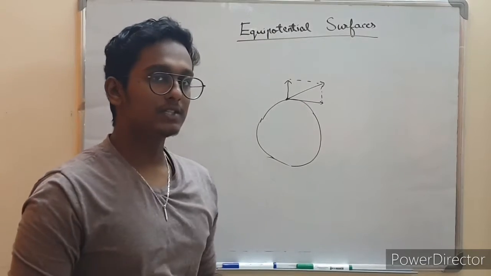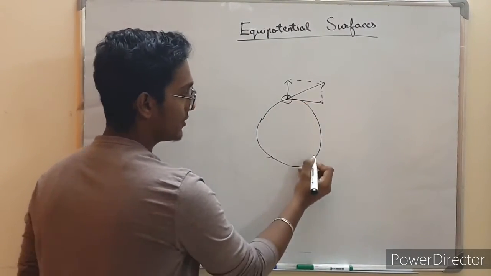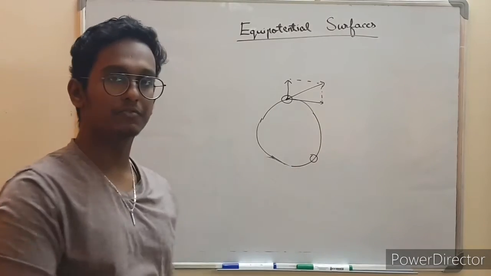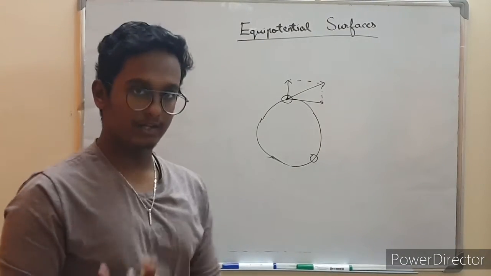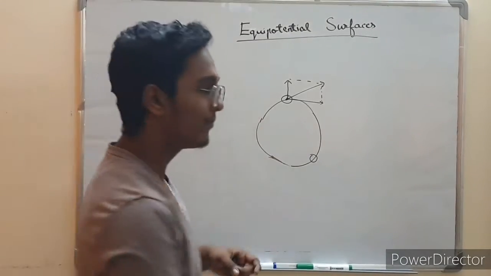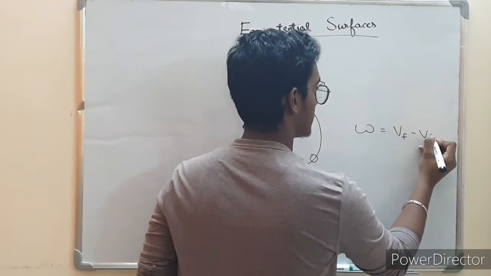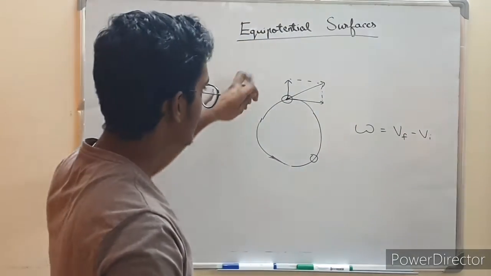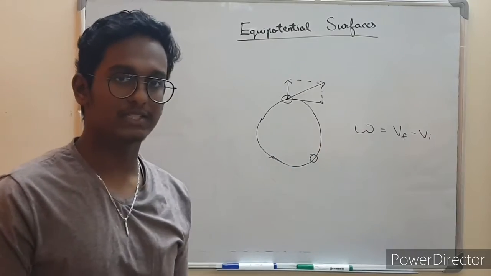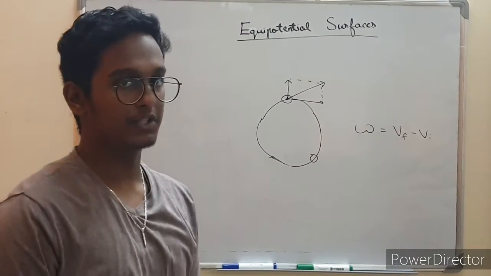To prove that if you move a charge from this location to this location on the equipotential surface, theoretically the work done should be 0, because the potentials are equal. We know that work done equals the difference in potentials. So if you want to move a charge from here to here, work done must be 0 because the potentials are equal. That is how it should be for an equipotential surface.